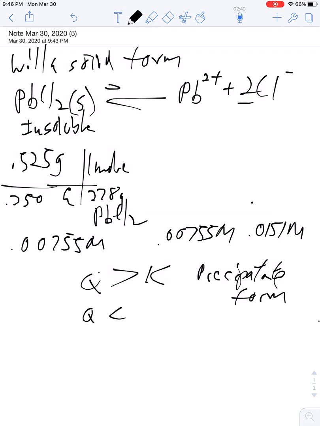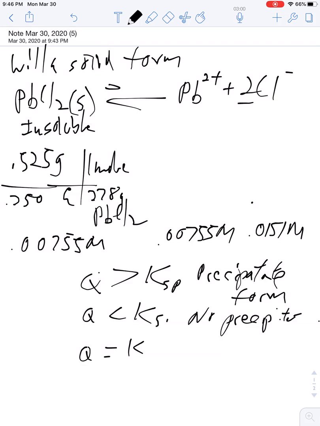If Q is less than K, no precipitate. If Q is equal to K, it means you are just at the saturation point, meaning that there is no solid, but the very teeny little bit more you add, you are going to get solid.